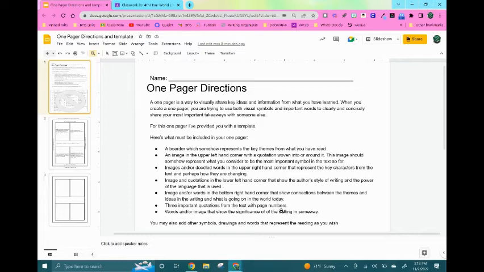Make sure you include the page numbers with those quotations. After the quotes, you're going to briefly explain in 1 to 2 sentences, no more than 3 sentences because you don't have a whole lot of room, the significance of those quotes. And then you can include other words or images that show significance of the setting in some way.